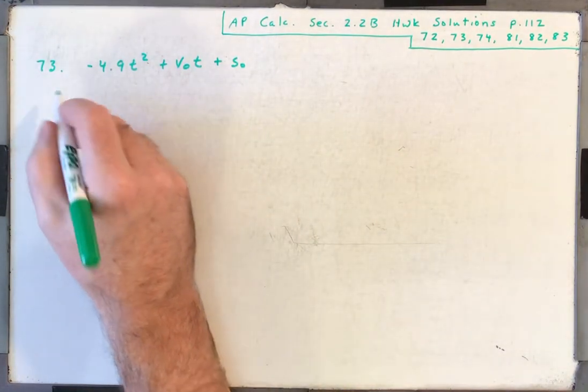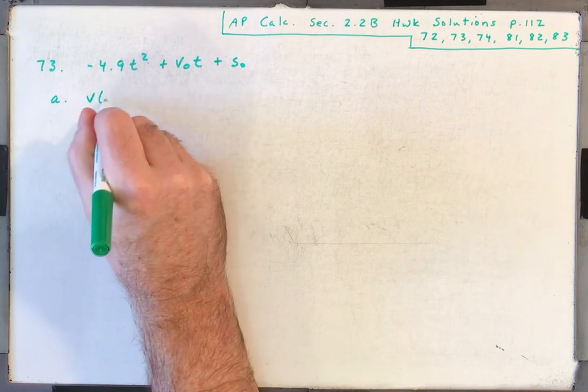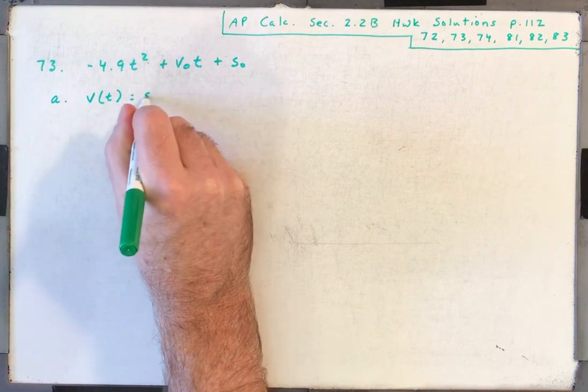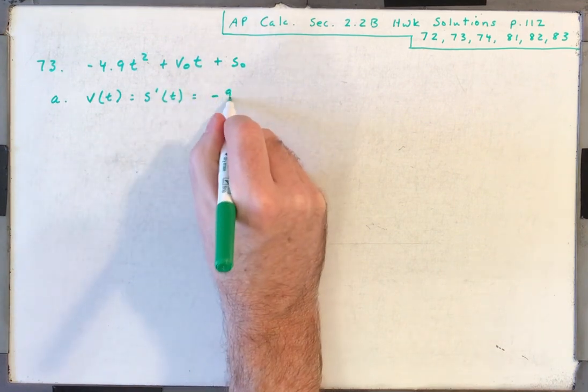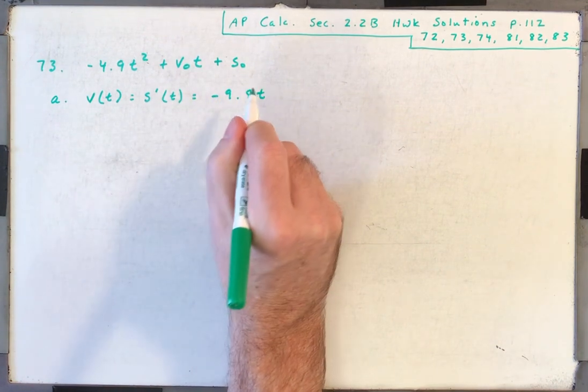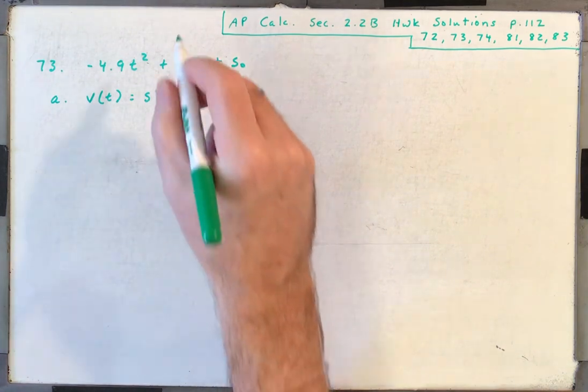Okay, so part A, we need to get the velocity function. That's going to be the derivative of the position function. Do we have an initial velocity? It's 120.